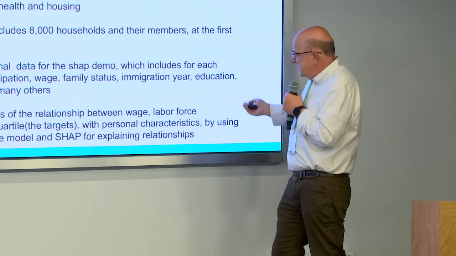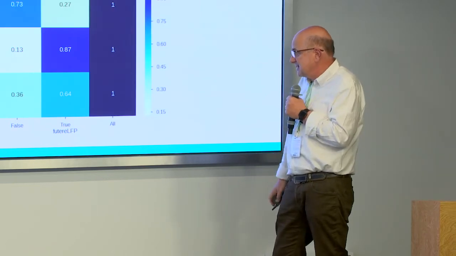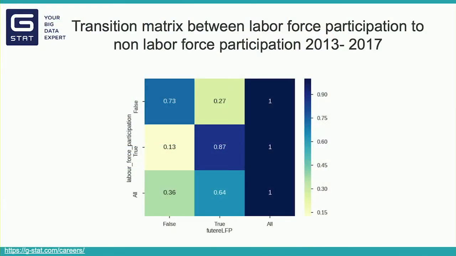So we did a lot of analysis. I'll just show you some data to get some impression of what we have there. This is a transition matrix between 2013 and 2017 of labor force participation.